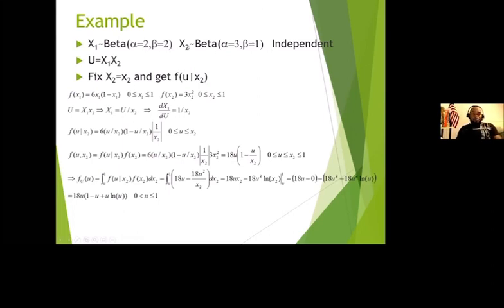Now we want to use the method of conditioning. This same question, we can use the method of transformation or the method of distribution function, and you can try that. Right now I'm using the method of conditioning. If you use the method of transformation or the method of distribution function, you're still going to get the same results. Can you confirm if you are still hearing me clearly?